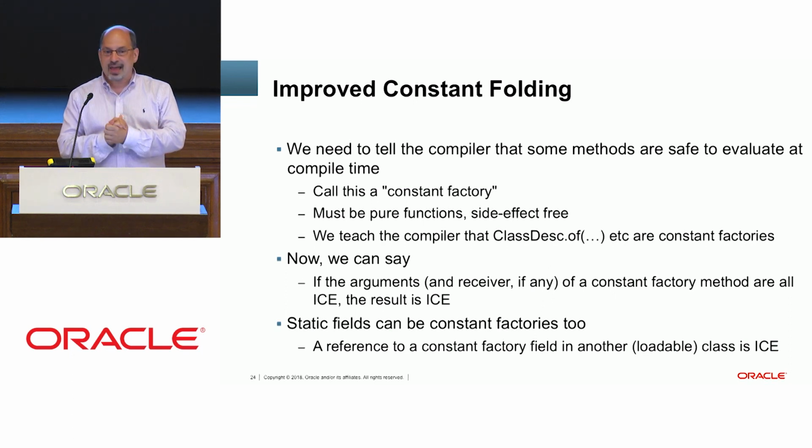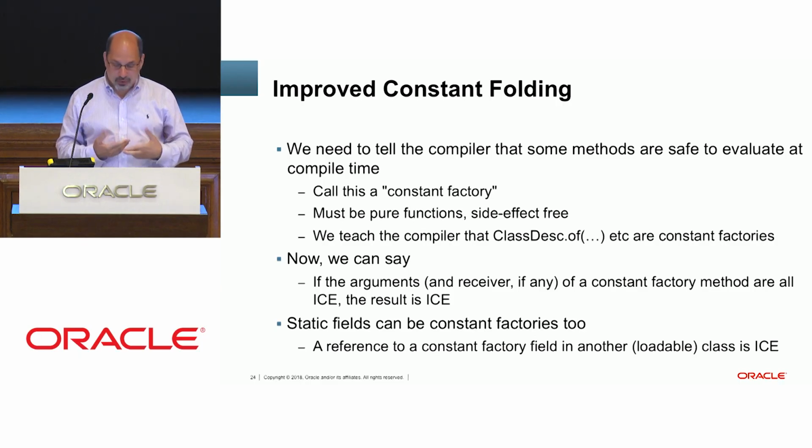And these have to have all the obvious characteristics. They have to be pure functions. They have to be side effect free. And what we can teach the compiler is, if you know a method is a constant factory, and you know all its arguments are intrinsifiable constants, and you can actually call the thing reflectively at compile time, then the result will be a constant too.